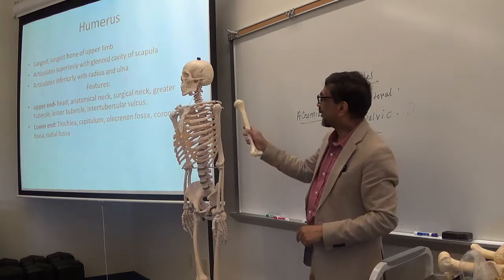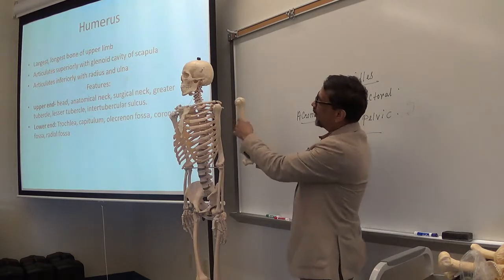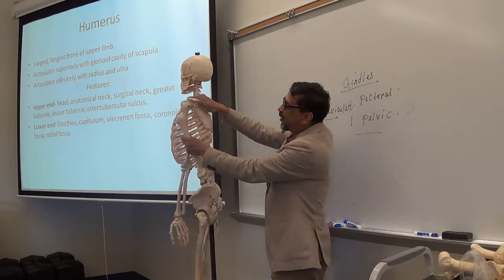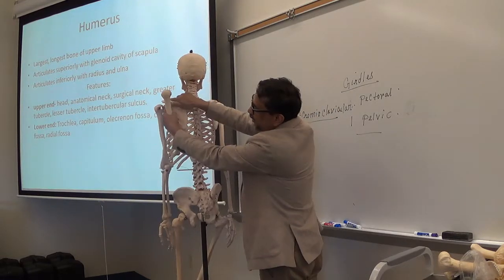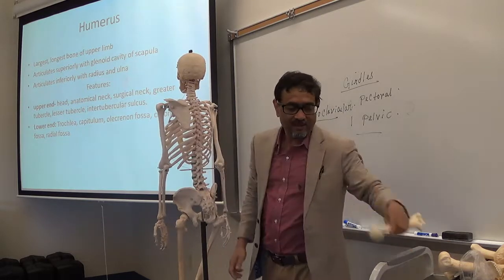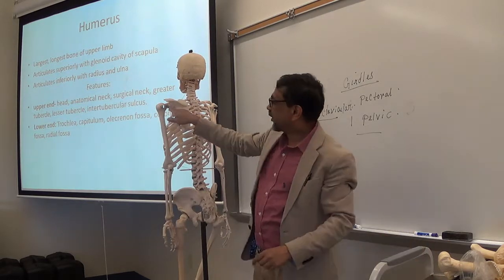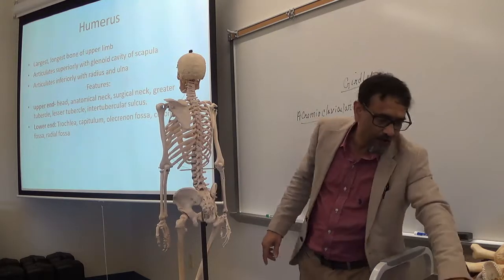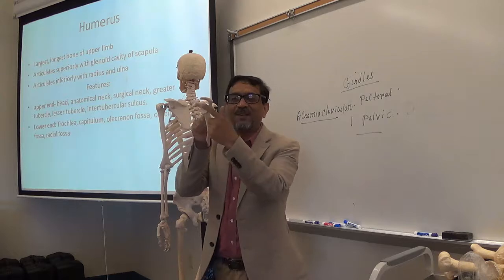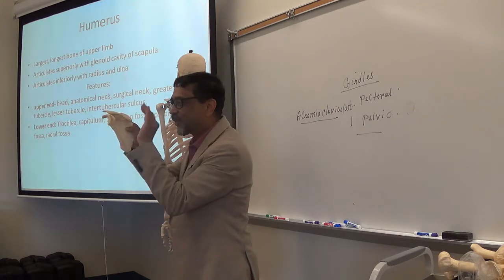One more thing. The upper end, the head, articulates with the glenoid cavity of the scapula. You remember? This is the glenoid cavity of the scapula, so the head fits there. Now there is a problem. The glenoid cavity is kind of shallow. It's not very deep, right?